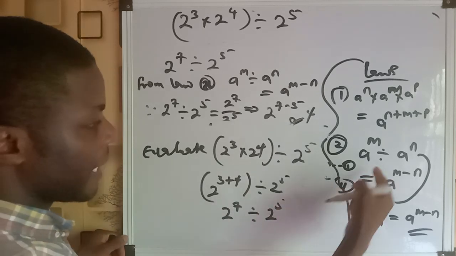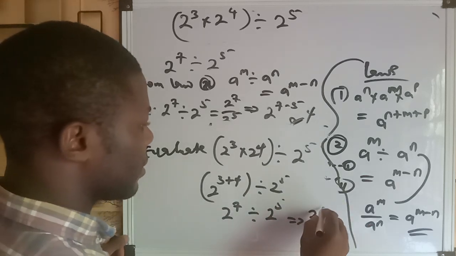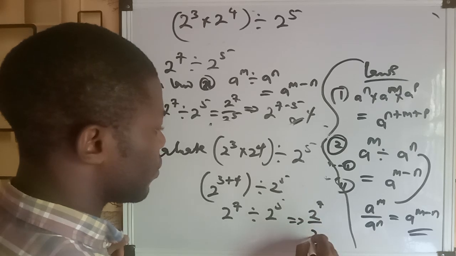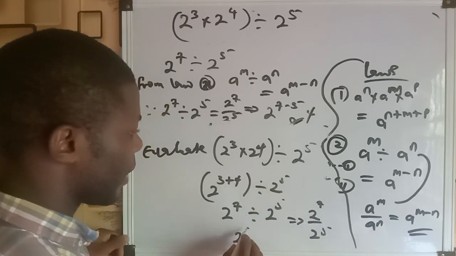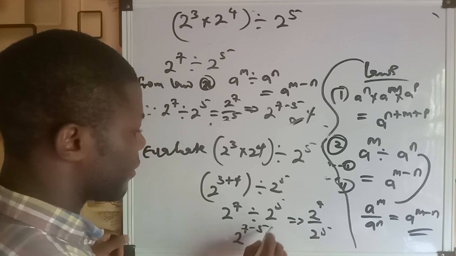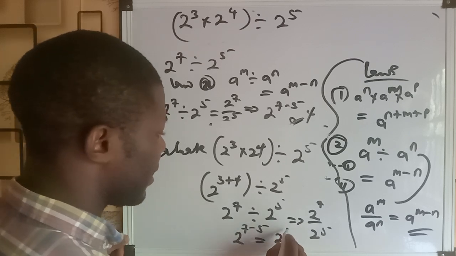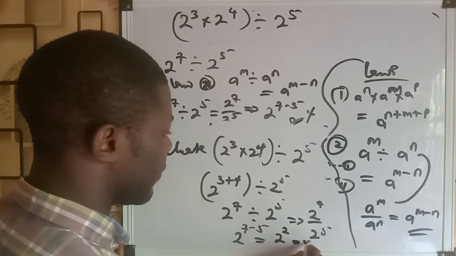And then we now apply the second law, which says 2 power 7 over 2 power 5. If you have something like this, bring out 2, and then subtract 5 from 7, which will give us 2 power 2, which is 4.